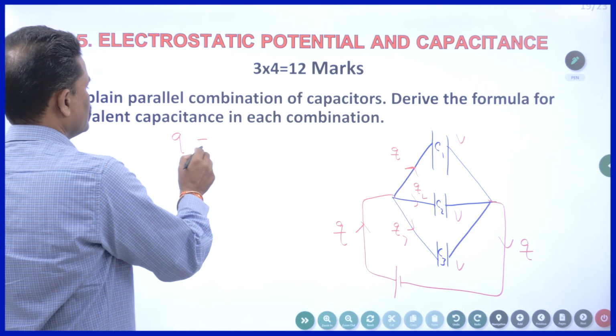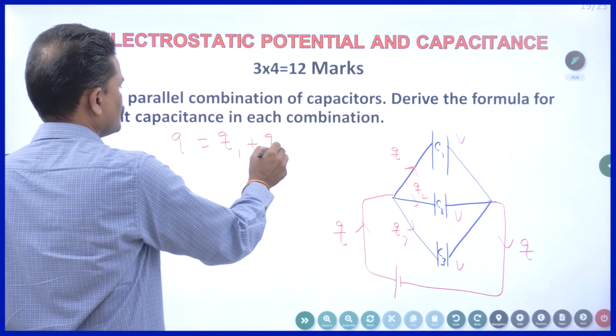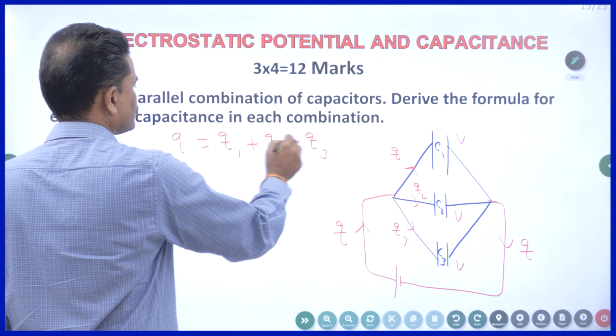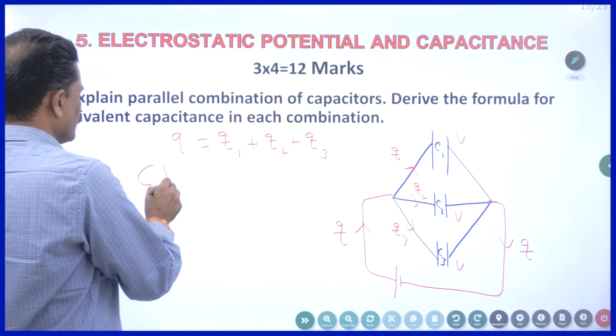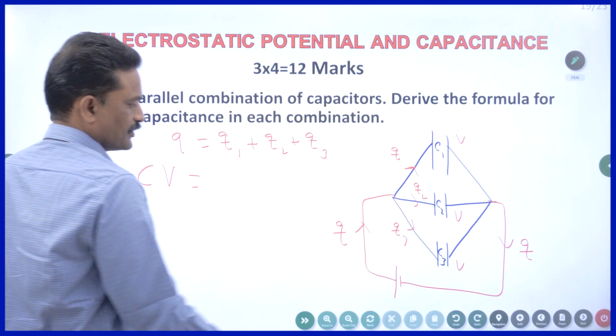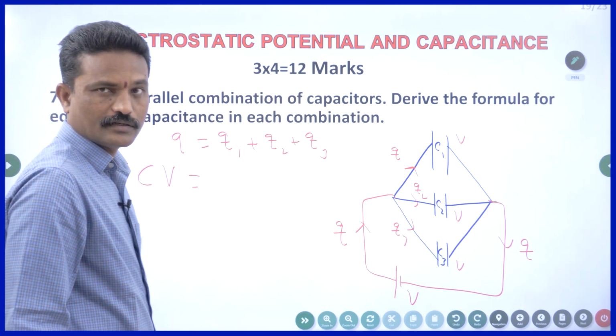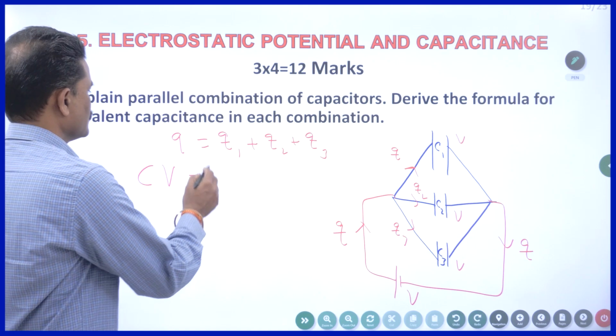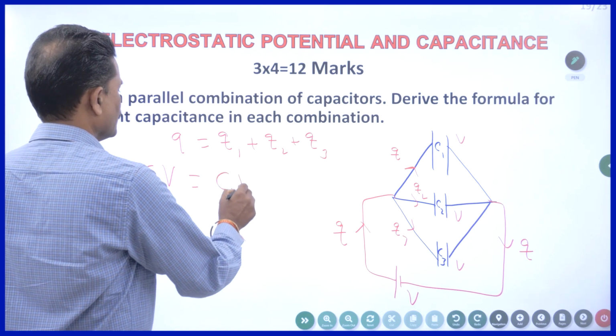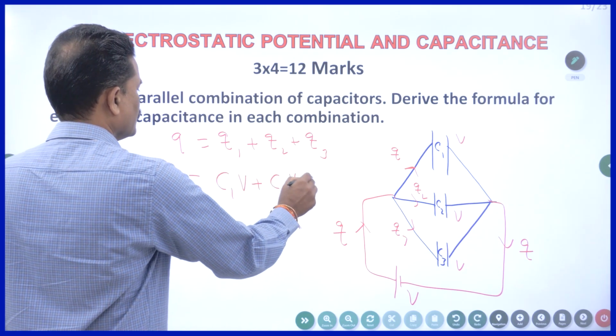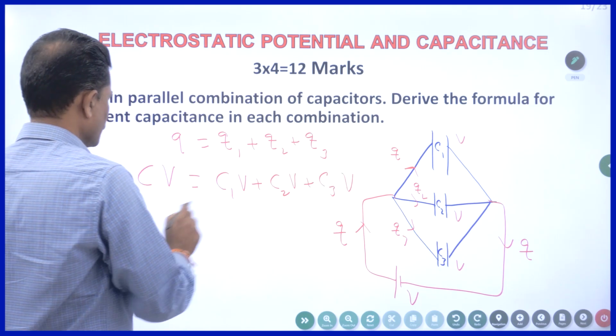The first step, Q is equal to Q1 plus Q2 plus Q3. But Q is equal to CV. V is the total voltage V, which is same on all the capacitors. So, CV is equal to C1V plus C2V plus C3V. V is common on both sides.